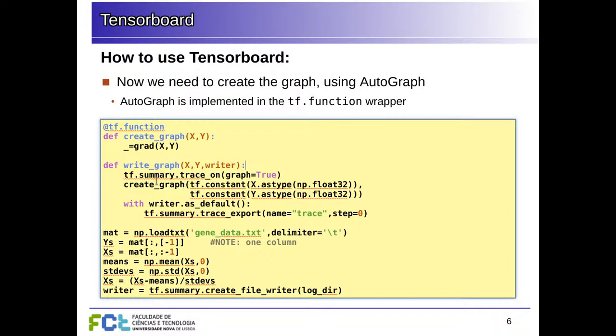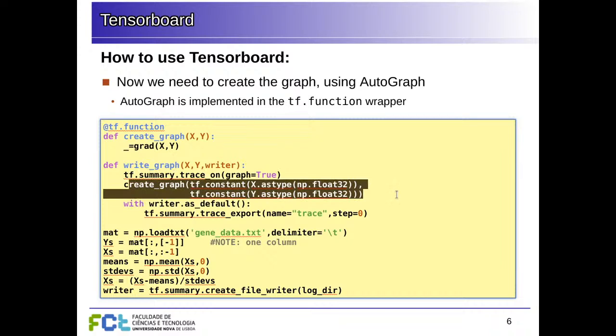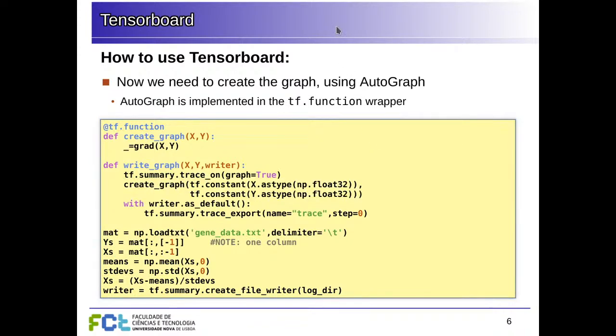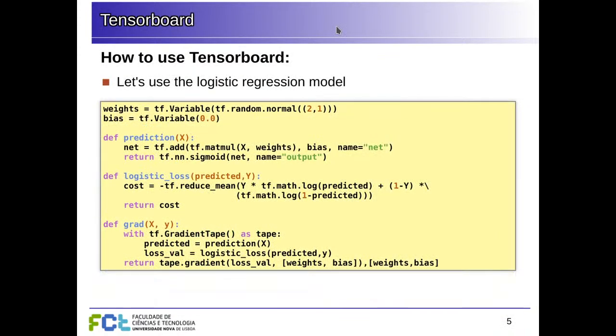What it's going to do is turn on the tracing on the summary for TensorFlow so that it can track the graph. And I'm going to create the graph. Note here that in this particular implementation, I omitted the parts where I convert the input into a tensor and the labels into a tensor.